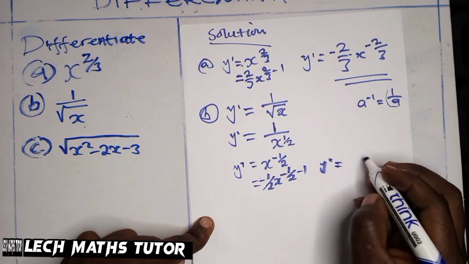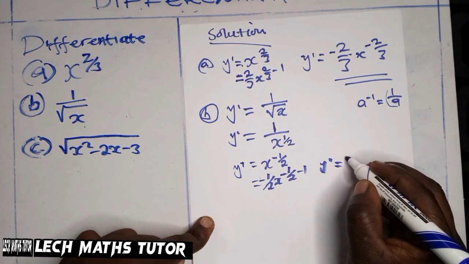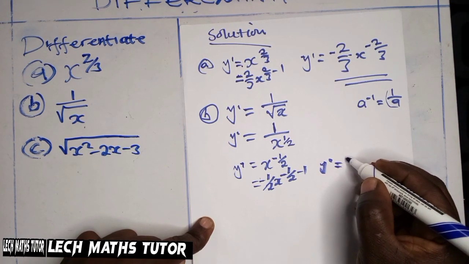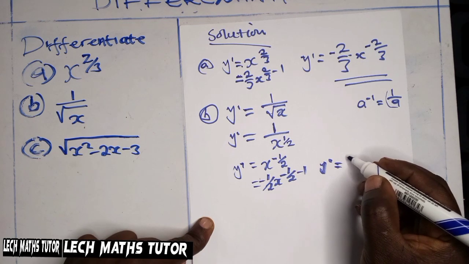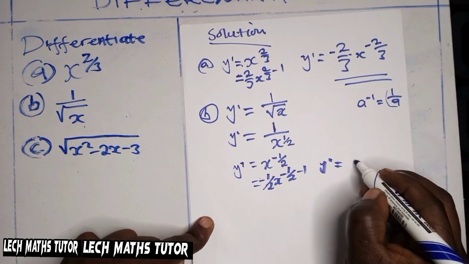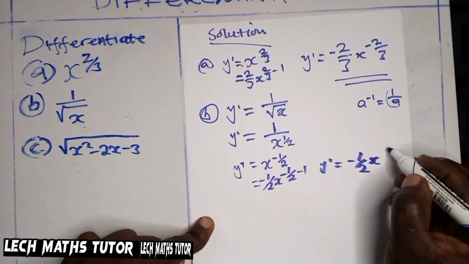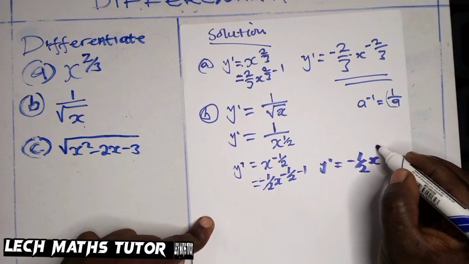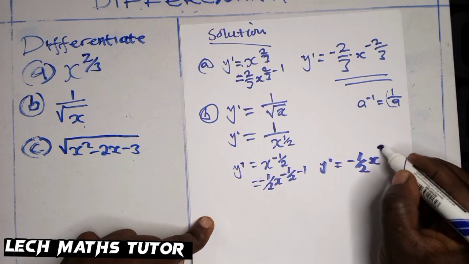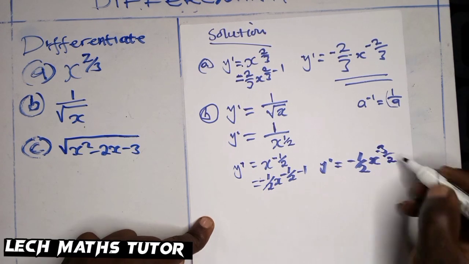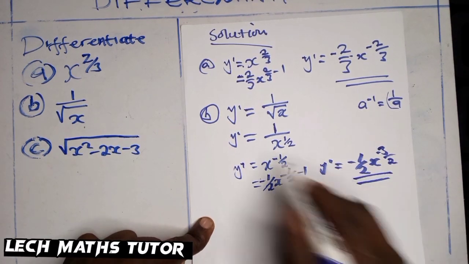We are going to have minus half x power minus 3 over 2. So this is our final answer for B.